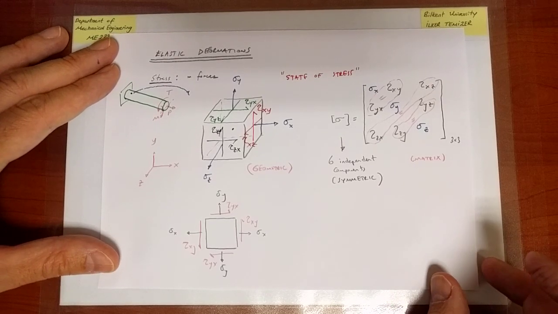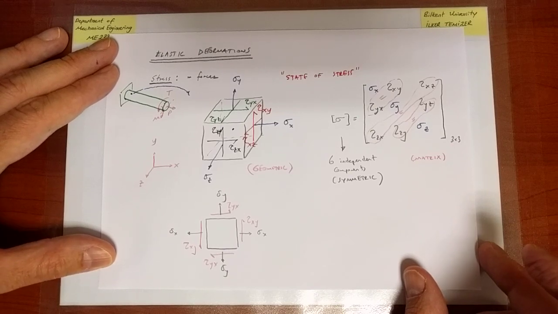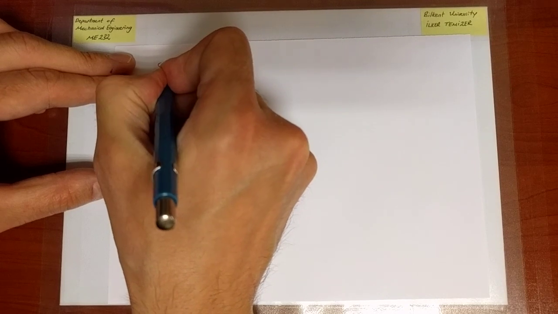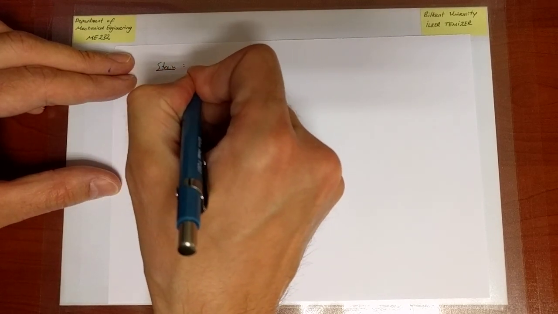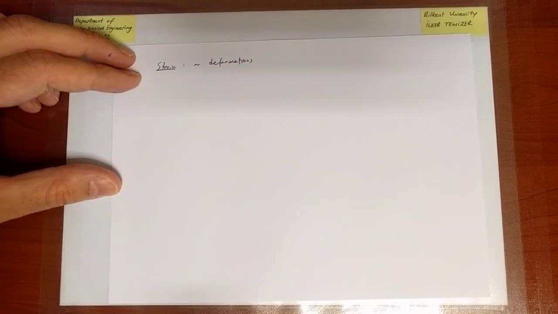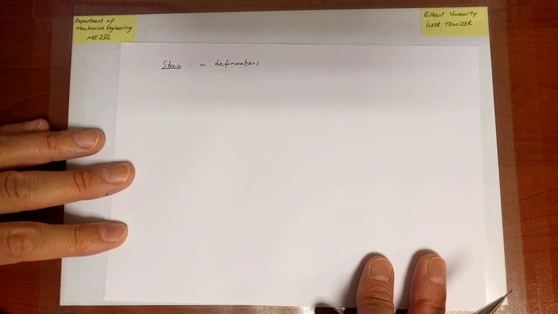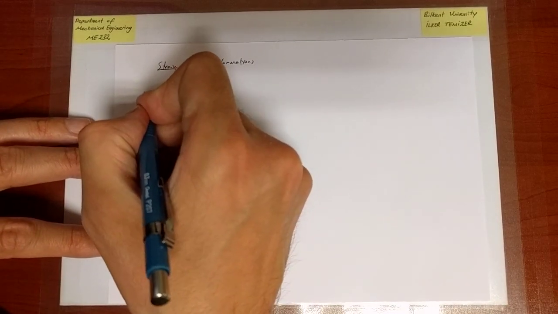So let's first recall how we characterize the state of deformation. Okay, so we are going to recall the concept of strain, which has to do with deformations. And let us quickly recall the concept of strain in the context of a quick example.